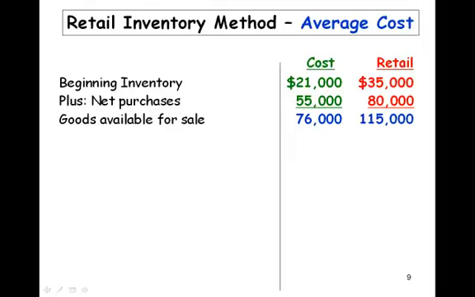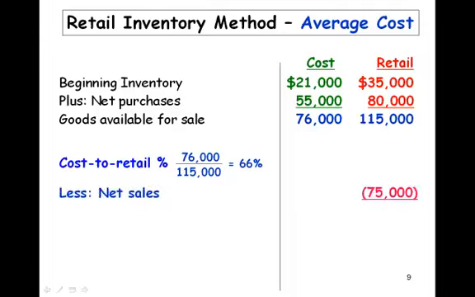We use two columns, one for the original cost and the other for the retail price of the goods being sold. The first step is to compute the cost to retail percent. We'll continue to use sales of $75,000. Subtracting sales of $75,000 from cost of goods available for sale of $115,000 gives us ending inventory at retail of $40,000.